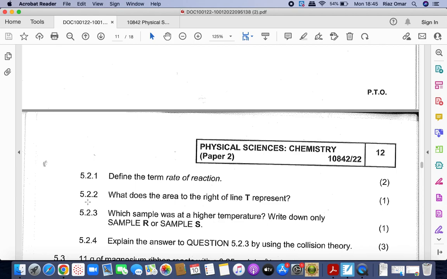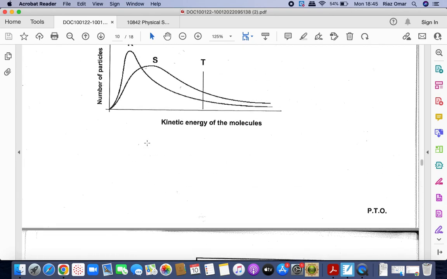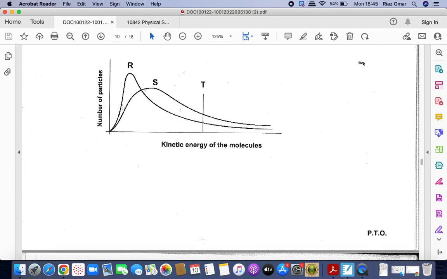Which sample was at a higher temperature? Write down only sample R or sample S. If you look at these two, sample R has fewer particles after T in the area for effective collisions, and S we see is higher.